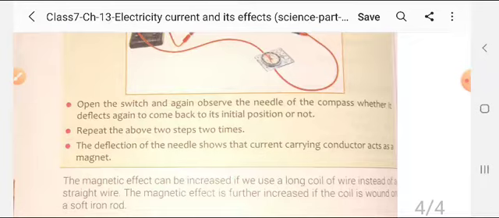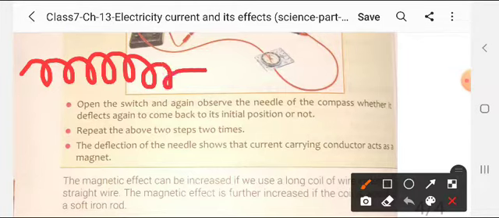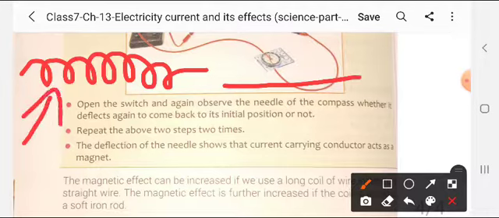The magnetic effect can increase if we use a long coil of wire instead of a straight wire. Long coil wire means the wire must be coiled this way. That means it is giving more resistance compared to the straight wire. So in this condition, the magnetic field will be more compared to this.